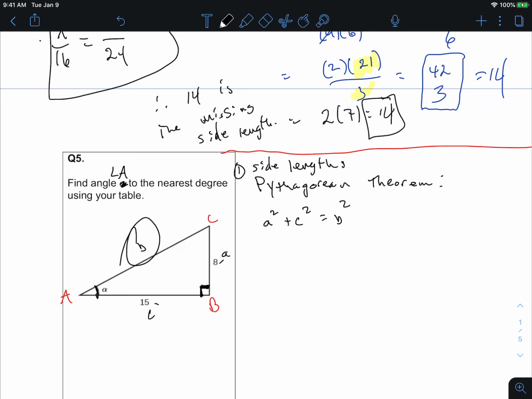I didn't label my triangle too well. So would that normally be C then? Yeah, I'll change it. It's always going to be a squared plus b squared equals c squared, and then we'll label the triangle. C is always going to be your hypotenuse. That's my bad.